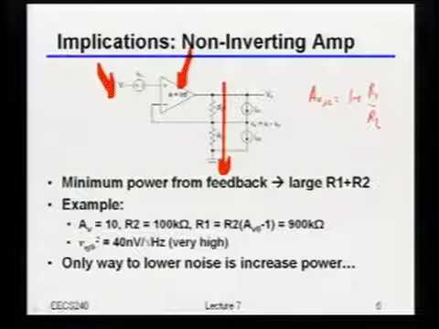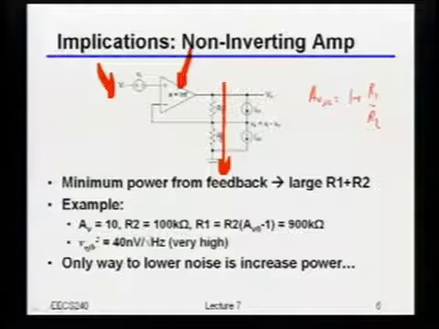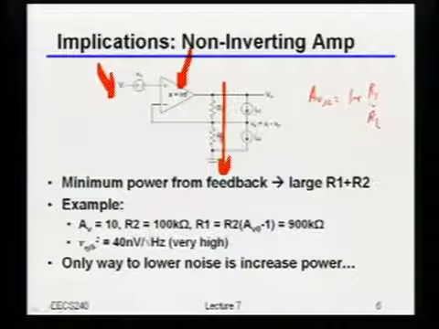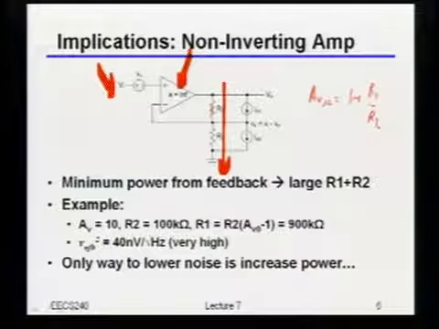Okay, so if I was really to do something like this, it's kind of expensive. Right? It's kind of painful from a noise standpoint because, again, that stupid feedback network is just there to set the gain, but now it would totally screw up my noise. Okay, and the piece of bad news there is, of course, if I want to do better than this, my only option is essentially to spend more power, right? I basically just have to drop these resistors and then spend a bunch of power driving that bias current there, okay?